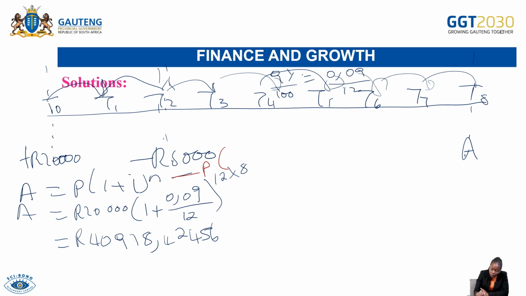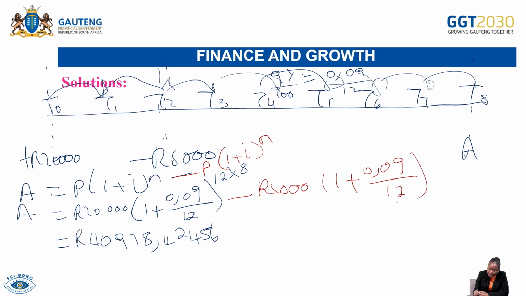So it's 1 plus the i to the exponent n. So here I'll have minus the P, which is 5,000, the amount that was withdrawn. So it's 5,000 into 1 plus 0.09, it isn't changed, all over 12 because it's still monthly. Then the exponent is going to be 12 times.